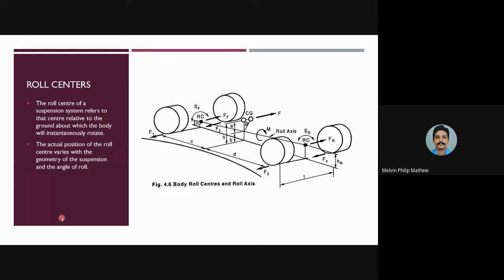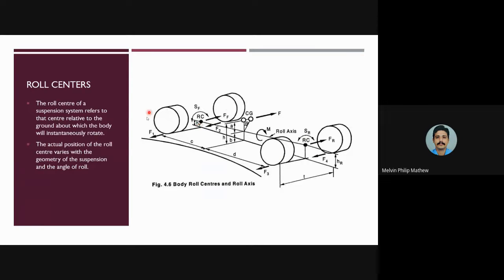So it can roll in a sufficient motion, and that is due to the bending moment occurring inside the vehicle. The centers at which this roll occurs are known as roll centers, and such a roll center is present at the front wheel and also at the rear wheel.